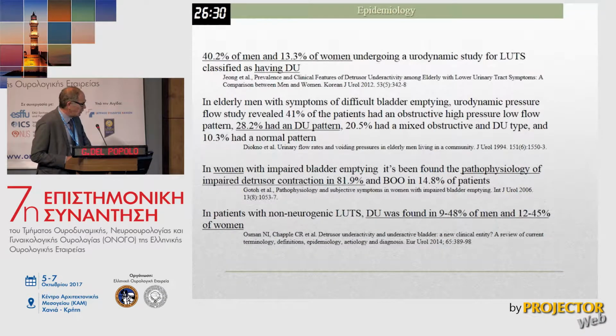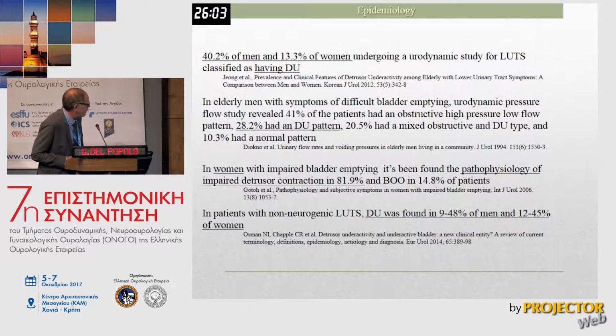So if you look at epidemiology, we have no clear data. As you can see, it is most represented in men, with 40% of men with DU and only 13% of DU in women. And we have a different range of incidence also in the elderly and in women.